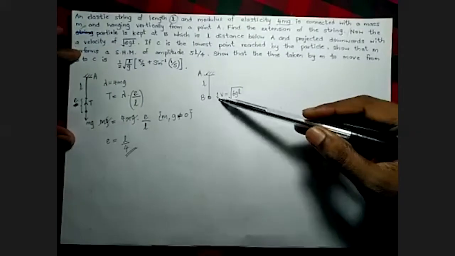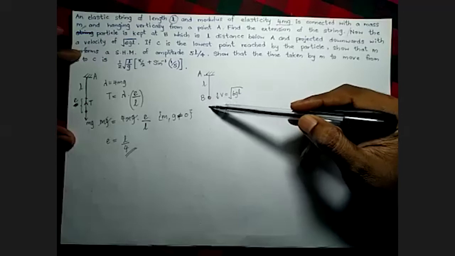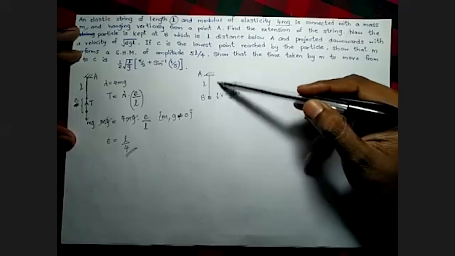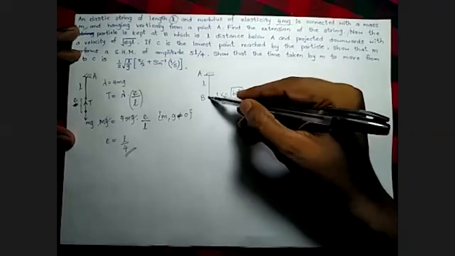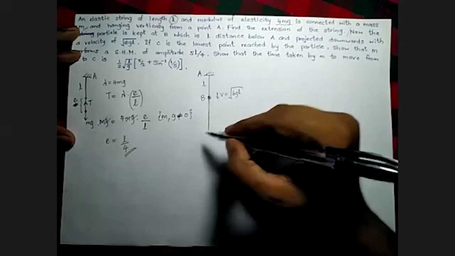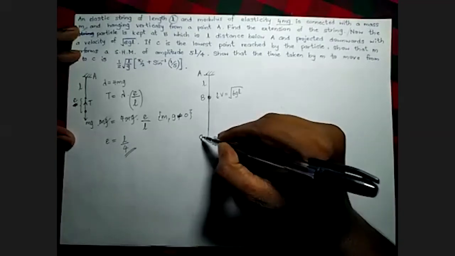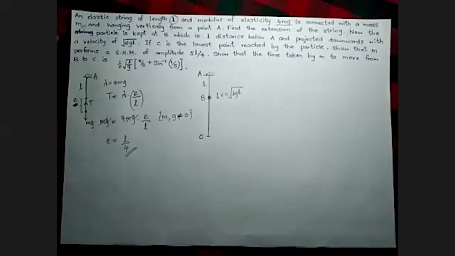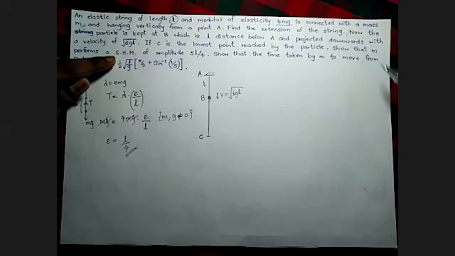Due to this velocity, the string will extend, because this is an elastic string. So it will extend to a point C. It is given as the lowest point C. Then show that m performs a simple harmonic motion of amplitude 5L over 4.